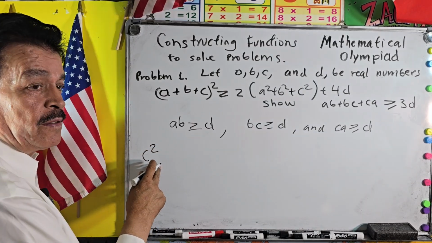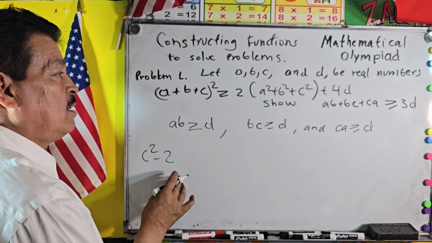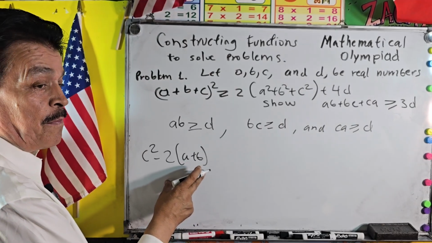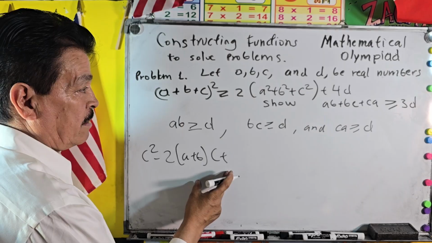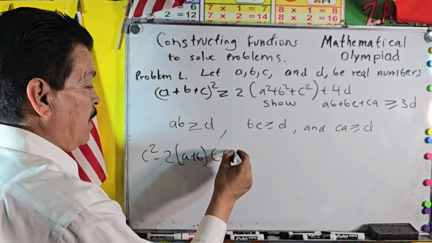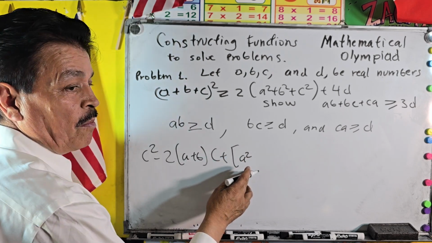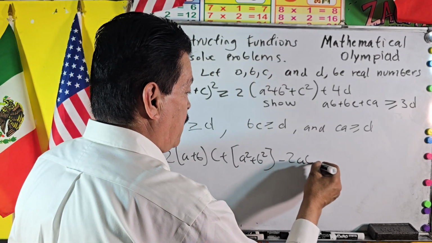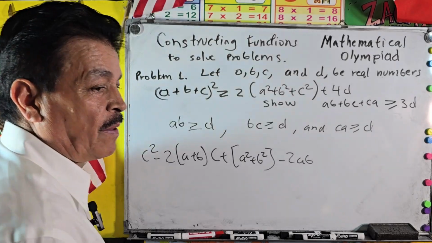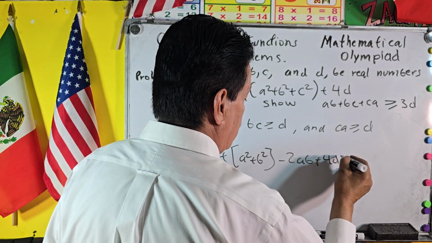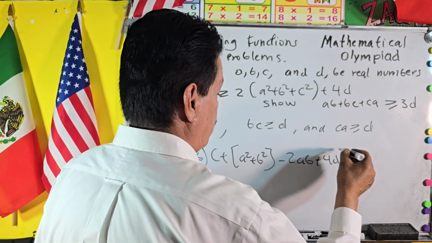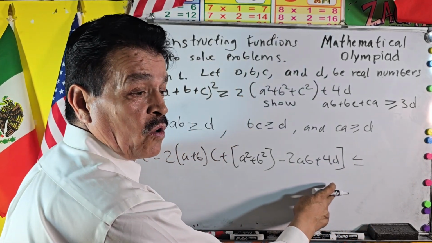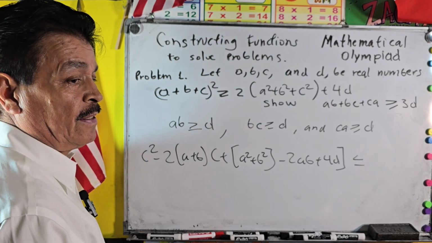c to the second power minus 2. All right, we have 2 times (a plus b), so it's a critical thinking right here, times c plus a to the second power plus b to the second power minus 2ab plus 4d, less or equal than 0, right?